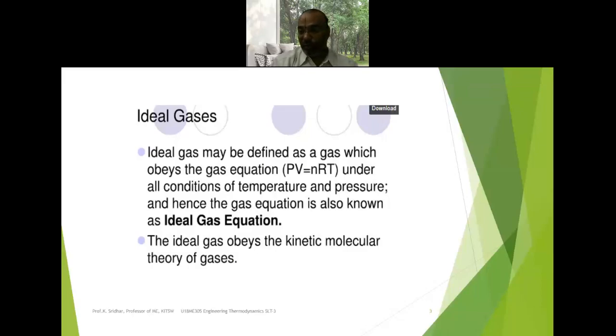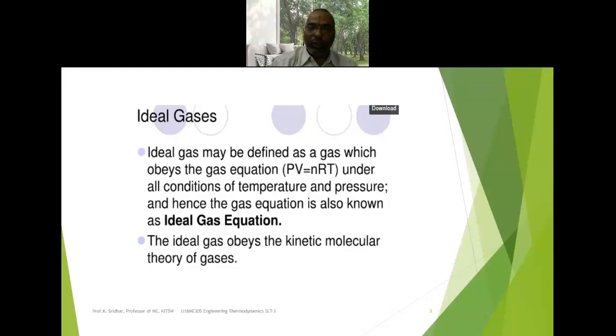Most people will simply say that an ideal gas obeys the perfect gas equation of state, PV equals mRT, and satisfies the various laws like Boyle's law, Charles' law, and Gay-Lussac's law. Whenever a gas satisfies all these laws, the gas is said to be ideal. That is also true.